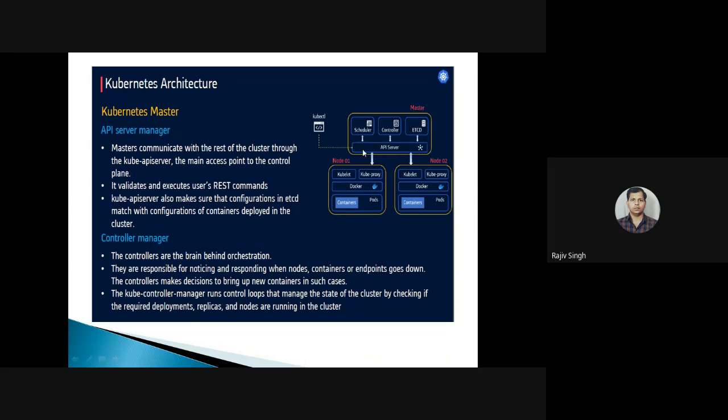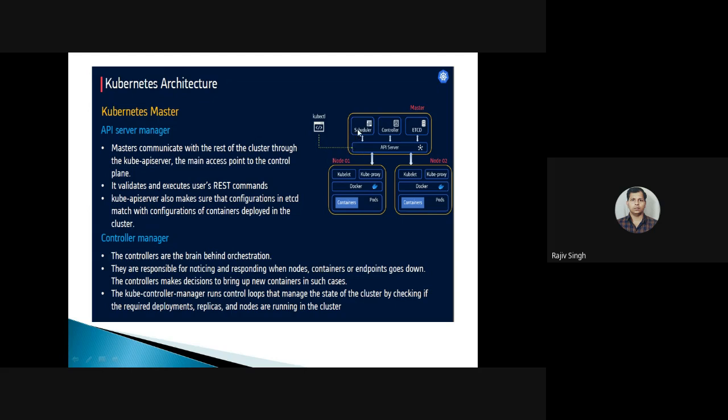And the API server also provides the interface to the end user to manage things. If this is your cluster, and you want to access this cluster from the outside, from your system or another system, then you will contact the API server only.